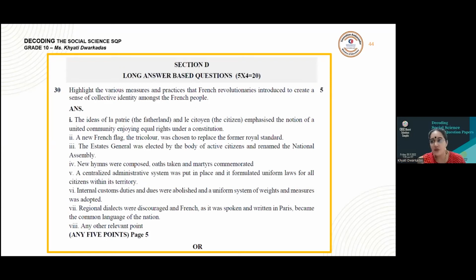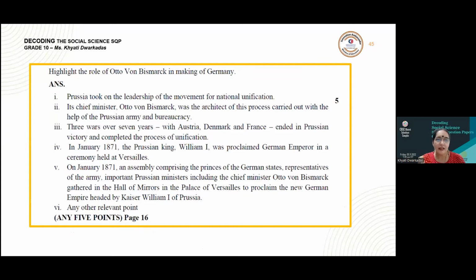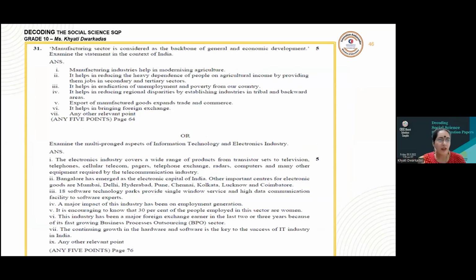If you write points which are not in the NCERT book, they will automatically not feature in the model answer, unless they are open-ended suggestion questions, in which case suggestions are welcome. But when the question is clear and frequently asked like this, stick to the NCERT as far as possible. Highlight the role of Bismarck in the making of Germany, and the question is clear, 5 points.